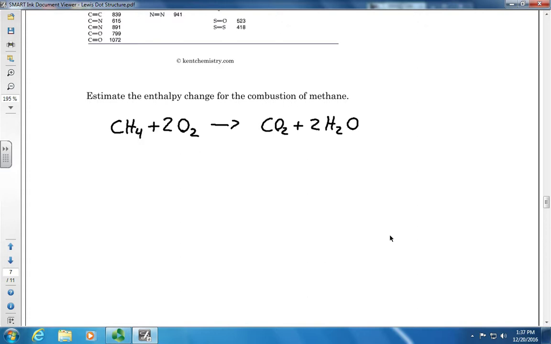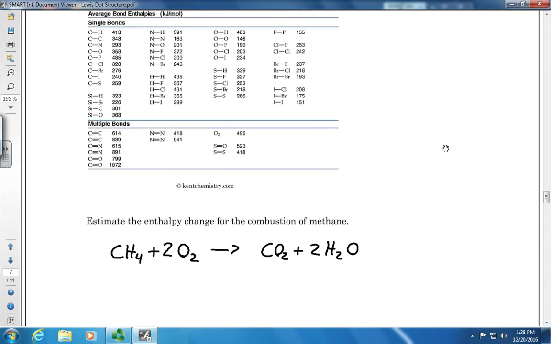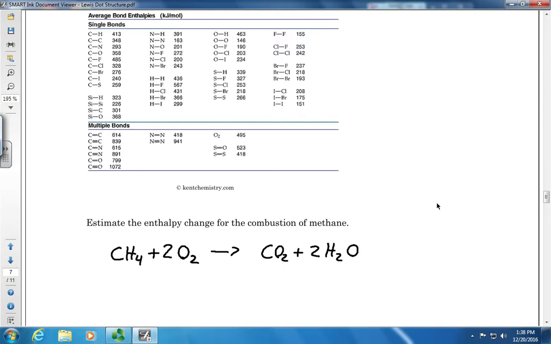Okay, and then we've got our bonds that are broken, which would be a CH bond and an OO bond. So let's take a look at our CH bonds. The CH bond is up here, and our OO bond is over here. So 413.